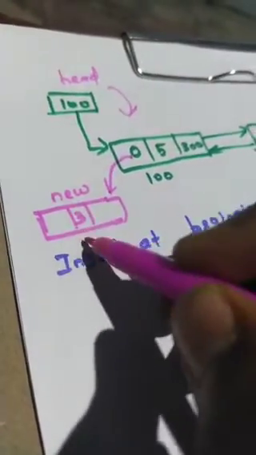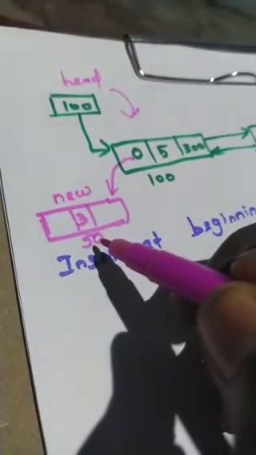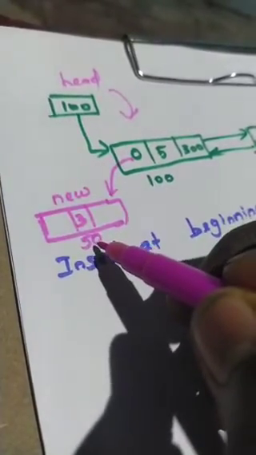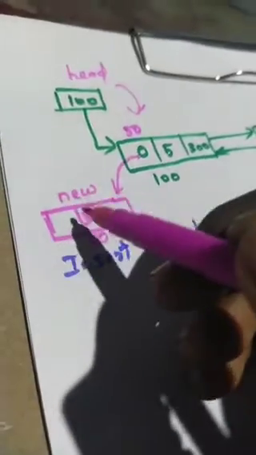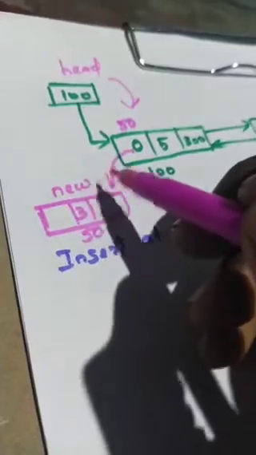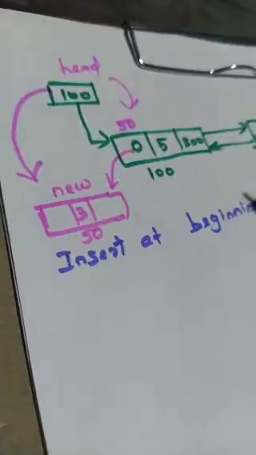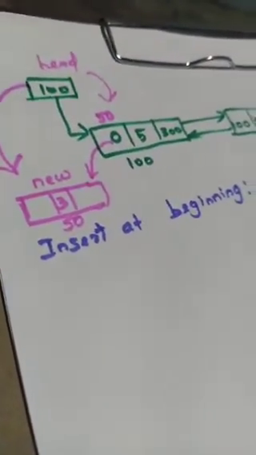So for example, by using numeric allocation, just consider it is stored at an address of 50. So this one will be changed to 50, and then I have to make this node the head, because the head node will have the address of the first node. For that principle, I have to change the head pointer to the new node, right? So these are the two swaps I have to do.